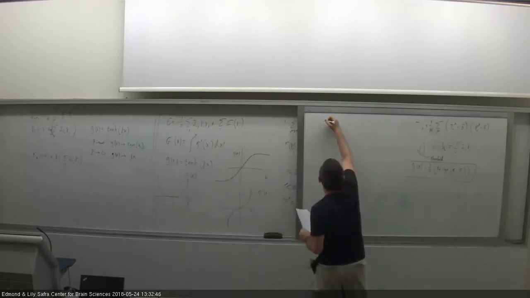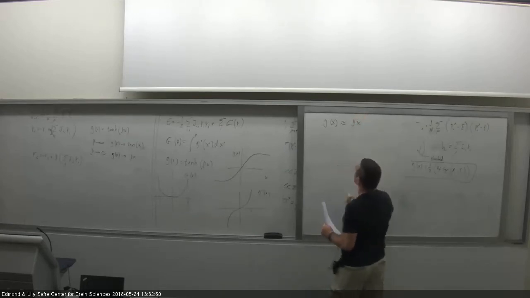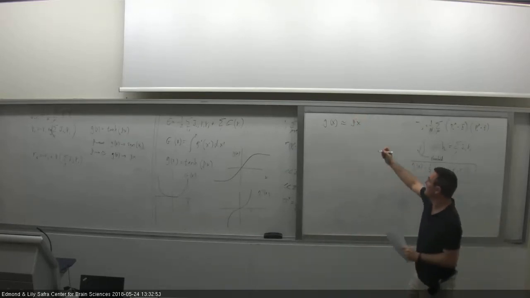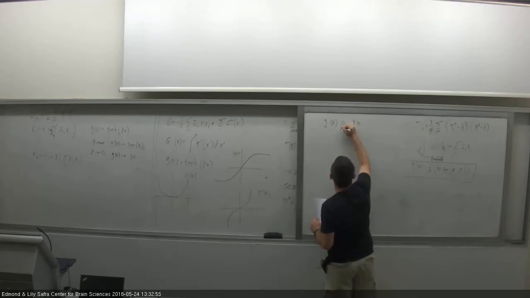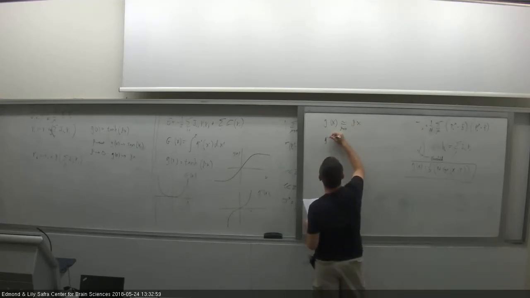Now, if g of x is approximately beta x, which would be the case when beta goes to 0, then g to the minus 1 of x is equal to what?